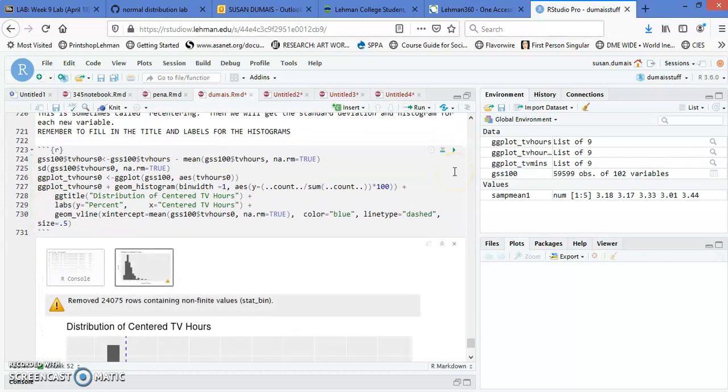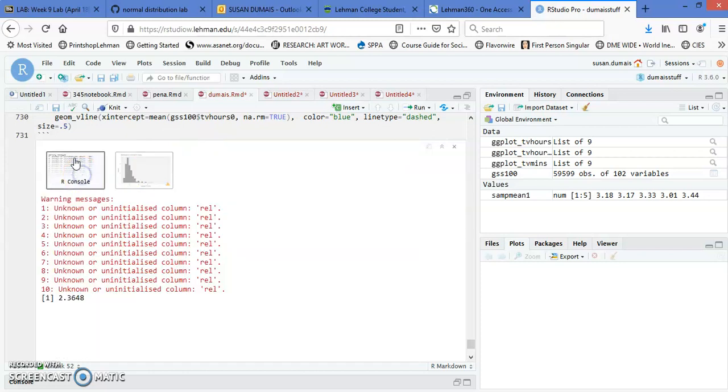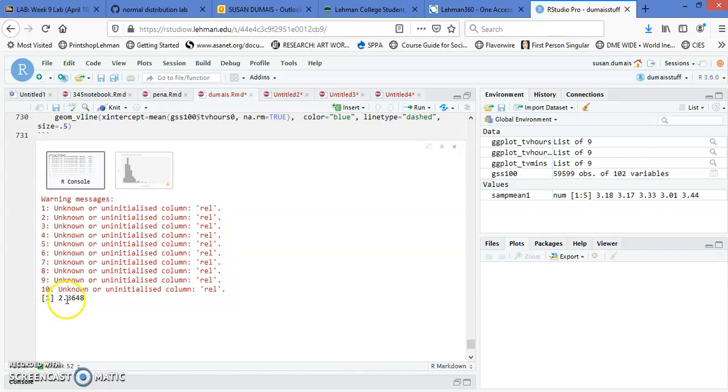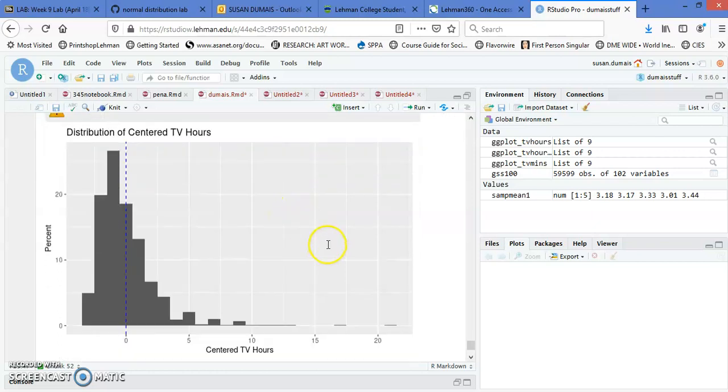Okay, so again, we have 2 boxes. This is mostly errors, but it does give us the standard deviation, which is 2.3648. And then this is our histogram.